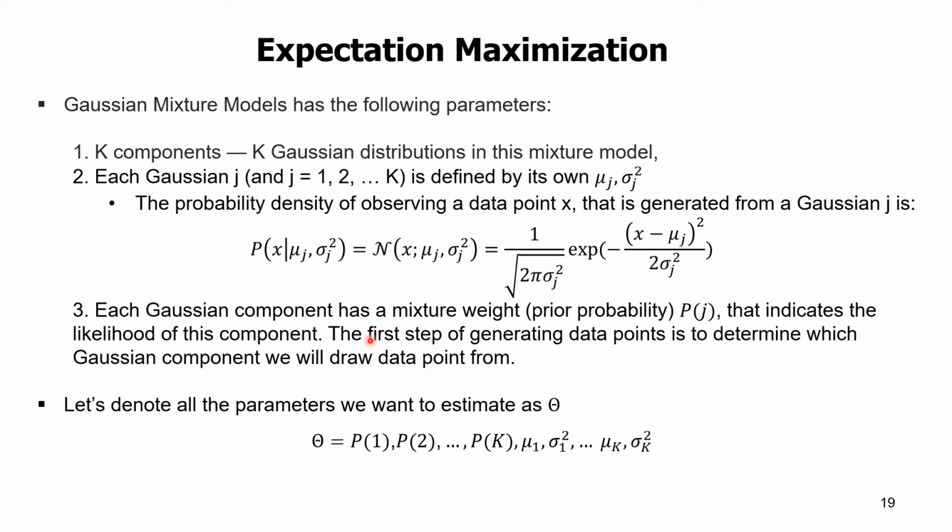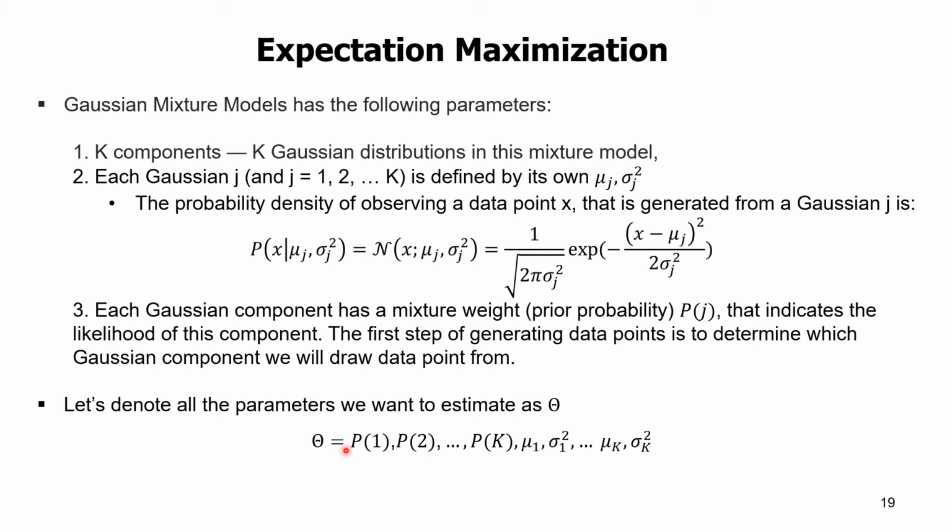The first step is you choose one particular Gaussian distribution, and then from that Gaussian data is generated. So the mixture weight is the probability that this Gaussian is selected. So actually each Gaussian has three parameters: mean, variance, and mixture weight.